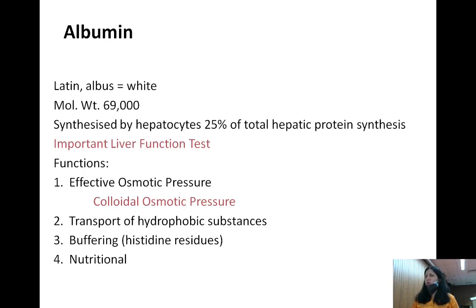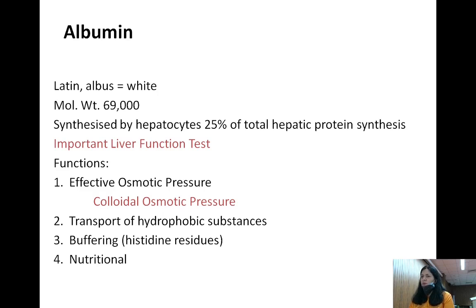Now albumin, the first band that you saw towards the anodal side, is albumin. Remember, all the plasma proteins in our body are synthesized in which organ? Whatever proteins are present in the body, where are they synthesized? In which organ? Chandani? Liver. In liver. Can you name one protein which is not synthesized in the liver?